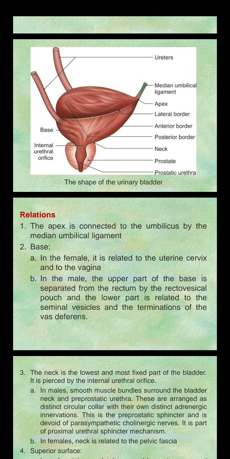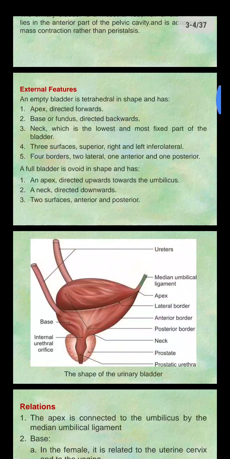This was the features of the empty bladder. Now if the bladder is full and urine is present, it is ovoid in shape. The superior surface extends upwards like a balloon. The apex is directed upwards towards the umbilicus, whereas in the empty bladder the apex was directed forwards.